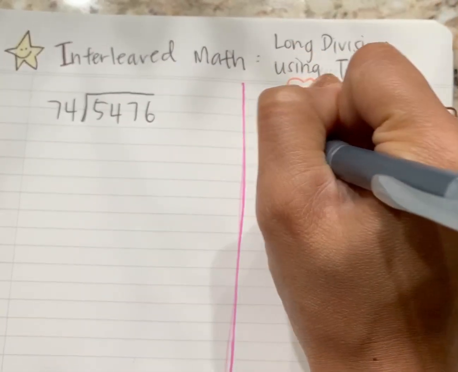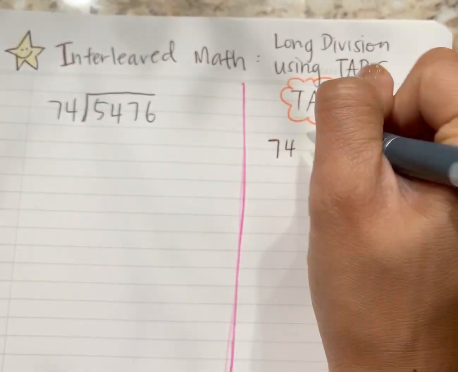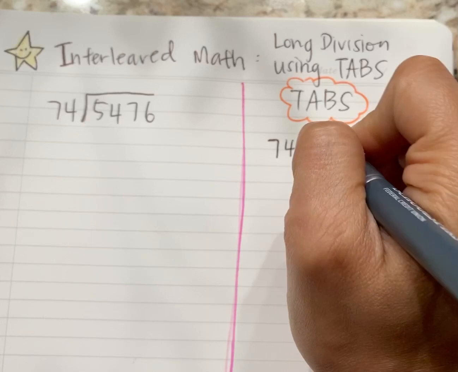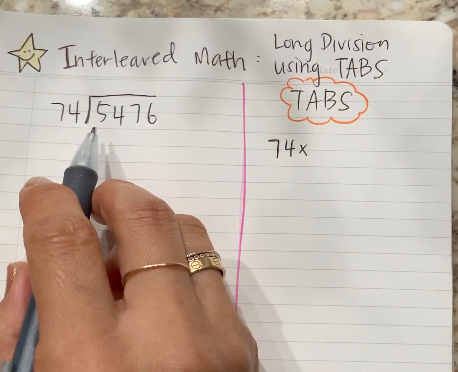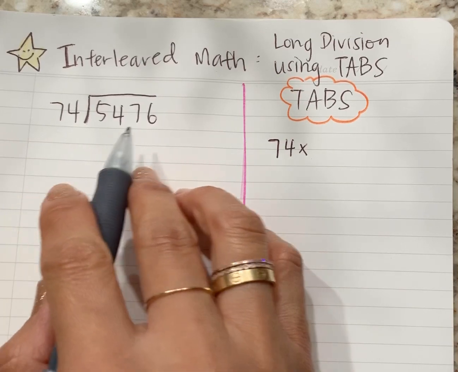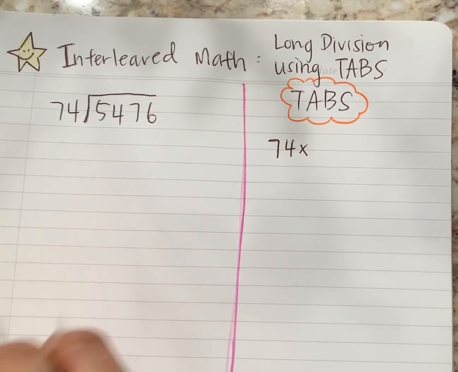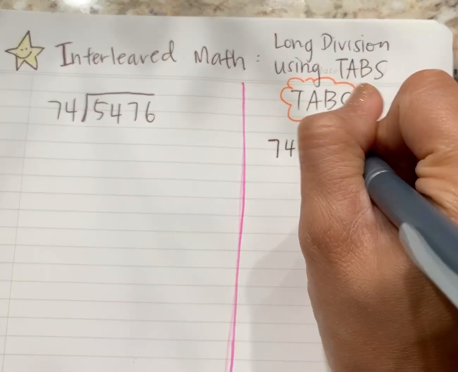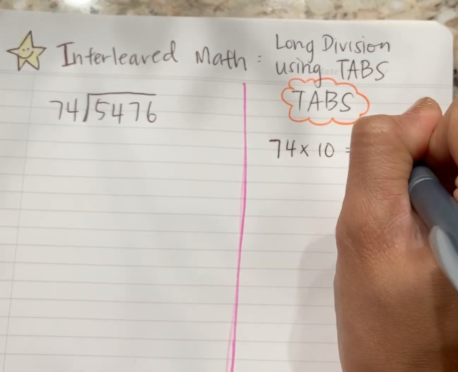All right, here we go. I'm going to take our divisor, 74, and I'm going to see what I can multiply 74 by that will come anywhere near 5,476. I'm going to be thinking of super friendly numbers. The first number that comes to mind is 10. So I'm going to multiply 74 times 10, and that's going to be 740.